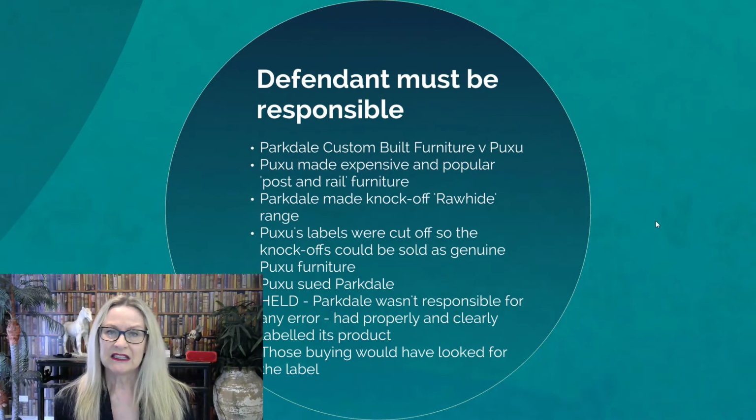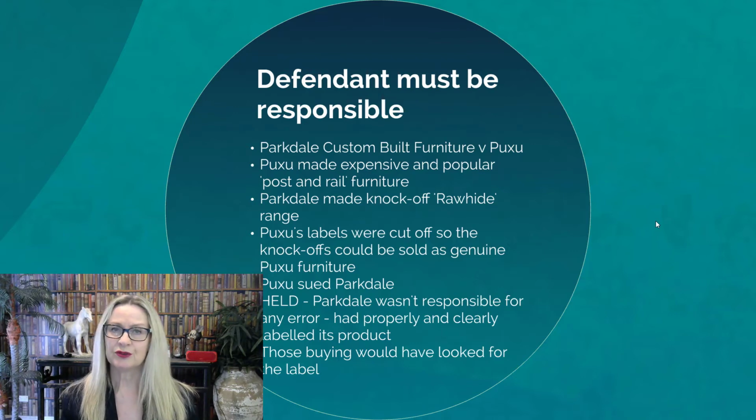The next thing is that the defendant has to be responsible for the misleading or deceptive conduct. And here we have the Parkdale v Puxu case. In that case, Puxu made some rather expensive and very popular in the late 70s, early 80s furniture called post and rail furniture. Parkdale made some knockoff furniture which it called Rawhide.